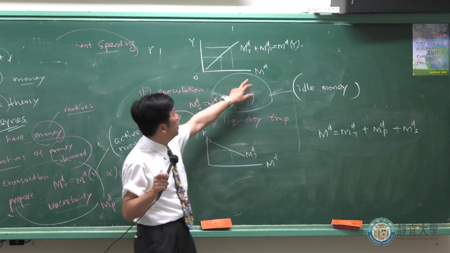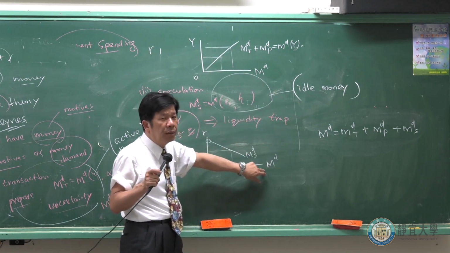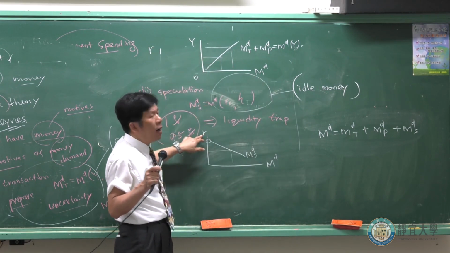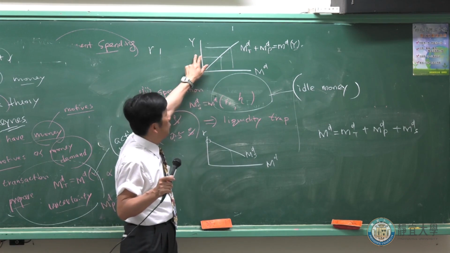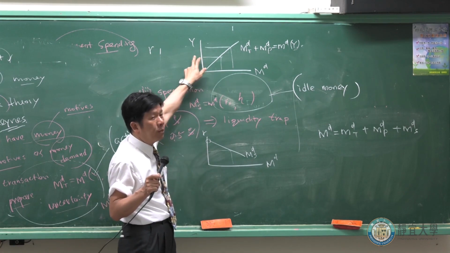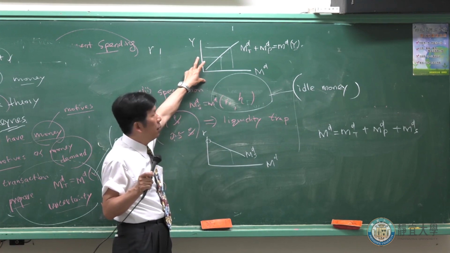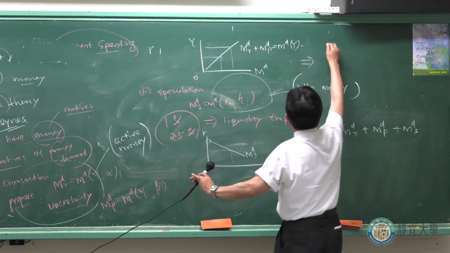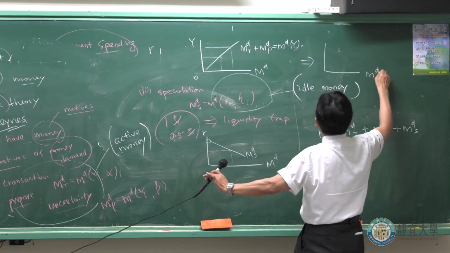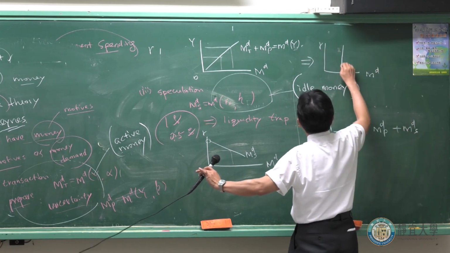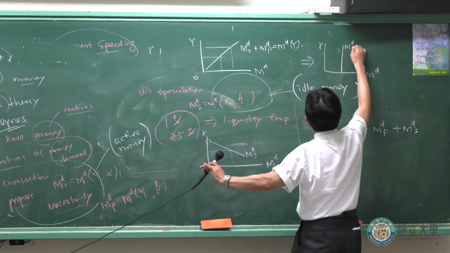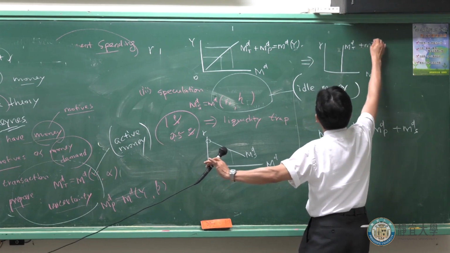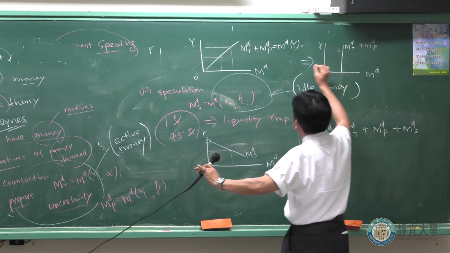You can look here, it's MDT and MDP against Y, but here it is MDS against R. So we need to change this style. We change this style to here, MD and R, and this becomes MDT plus MDP. Can you understand?